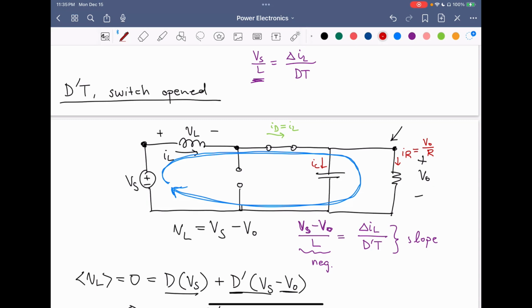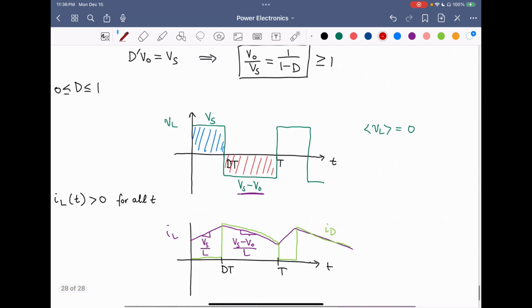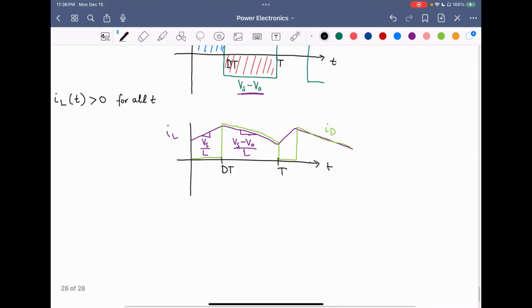And in this case, we have that the capacitor current by KCL is equal to IL minus IR, which is V naught over R. So therefore, we have the capacitor current in the d prime t interval is equal to the inductor current, but then it's shifted down by this DC value of V naught over R. So therefore, for our capacitor current waveform, we can also draw that out.